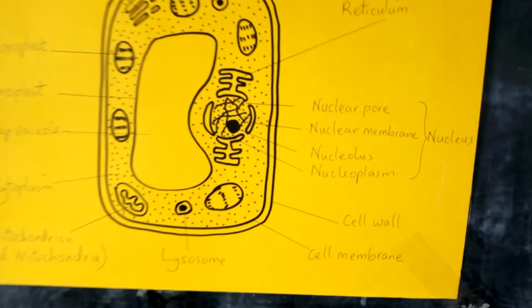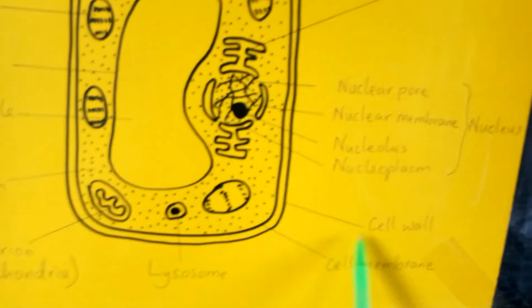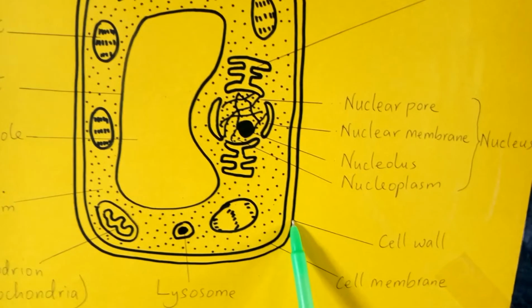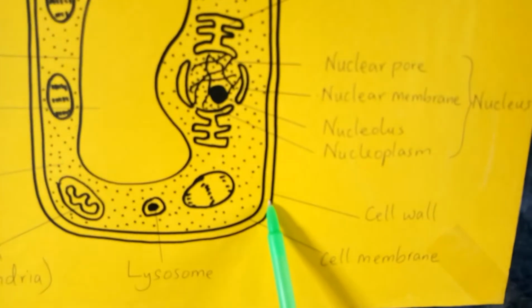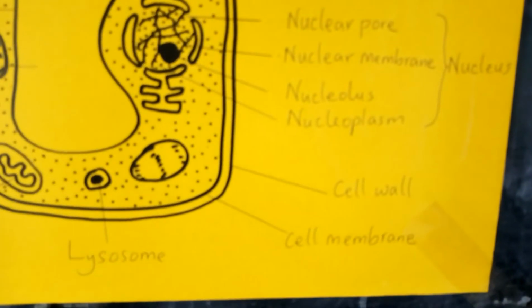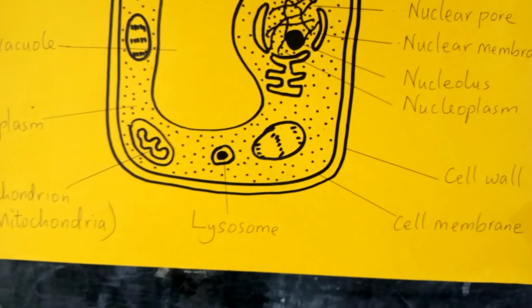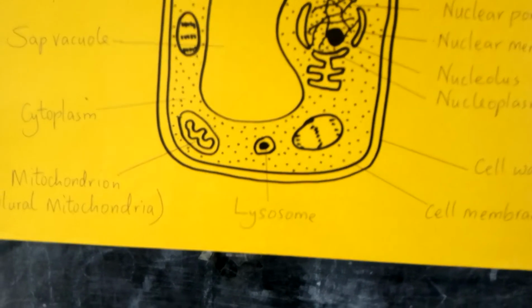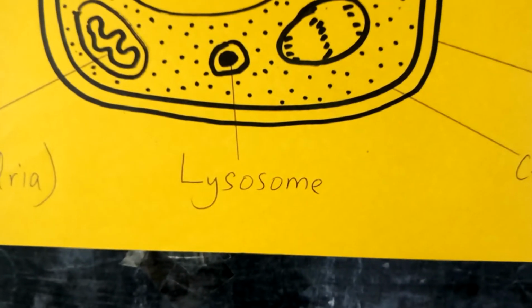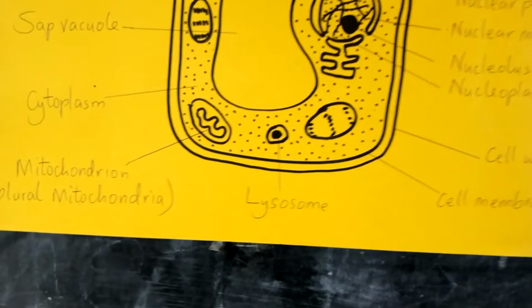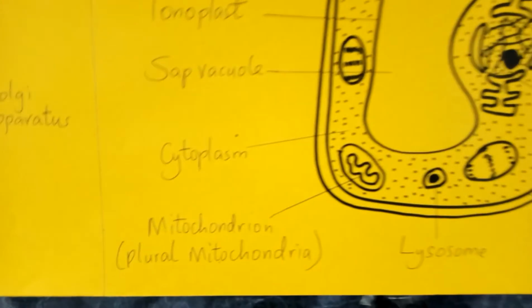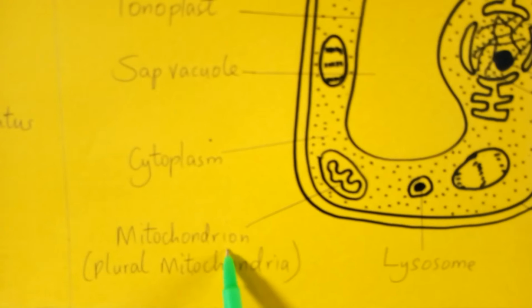Let's proceed. We also have the cell wall down here. This is the outermost part of the plant that protects the inner part. We also have the cell membrane. We have the lysosome. I hope you are able to see the lysosome there. We also have the mitochondrion. If there are many, we call them mitochondria.